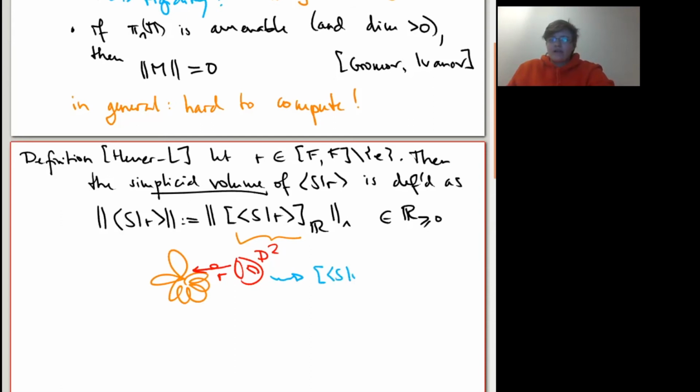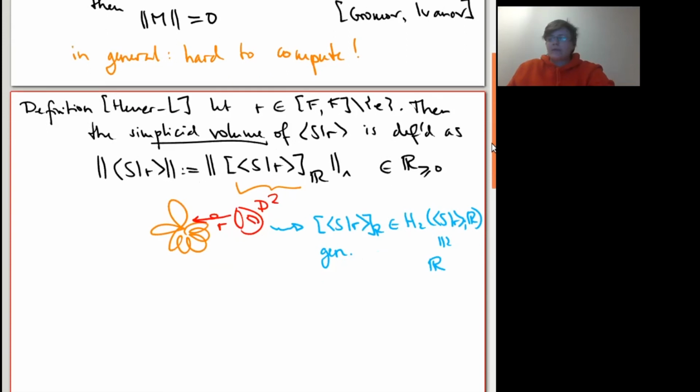And this is the class that we take. So this is a generator of this homology. Okay, so with real coefficients, this is also isomorphic to R, and this is a generator. Okay, and that's the class that we will take.